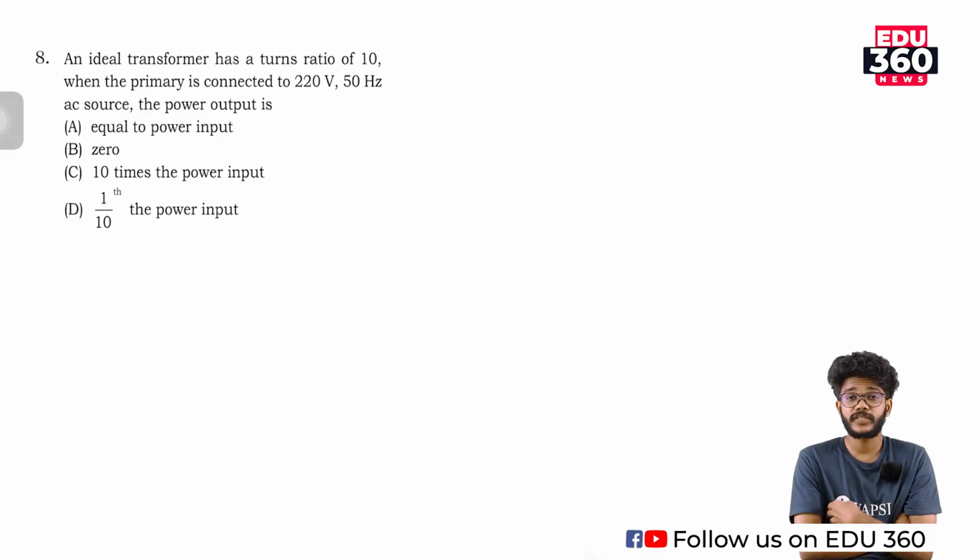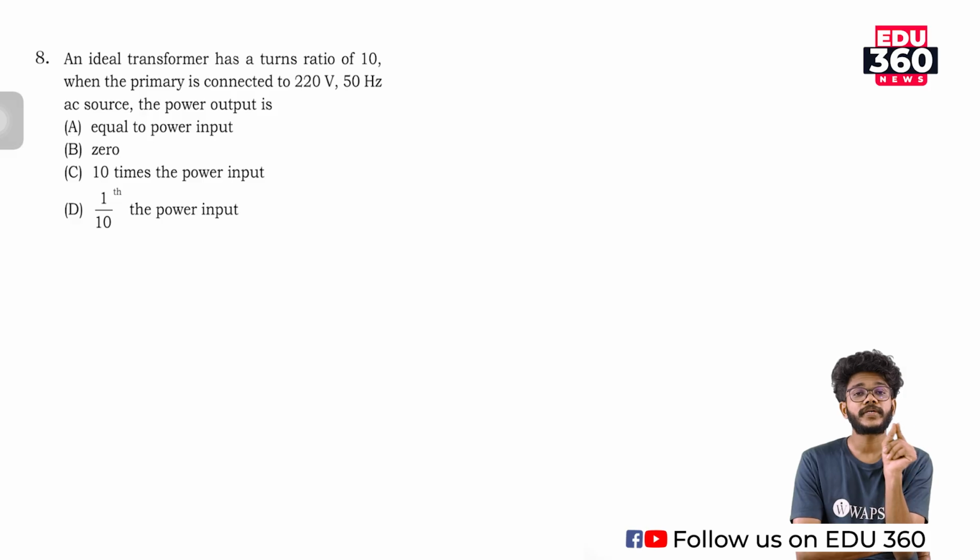Actually this question is very conceptual, because in every transformer the input and output power is constant. By using this phenomenon, we are connecting the relation between potential and current. V input into I input is equal to V output into I output.